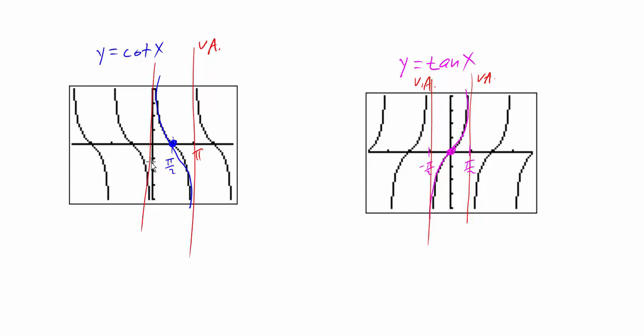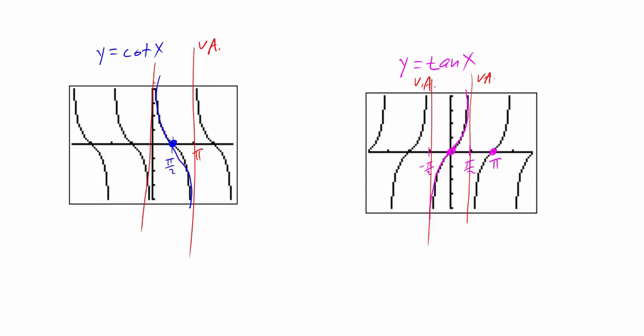We have a vertical asymptote here at 0 for the cotangent. That's where the tangent crosses, at 0, it crosses the x-axis. For the cotangent, we have a vertical asymptote at pi. On the tangent, over here at pi, the graph crosses the x-axis.